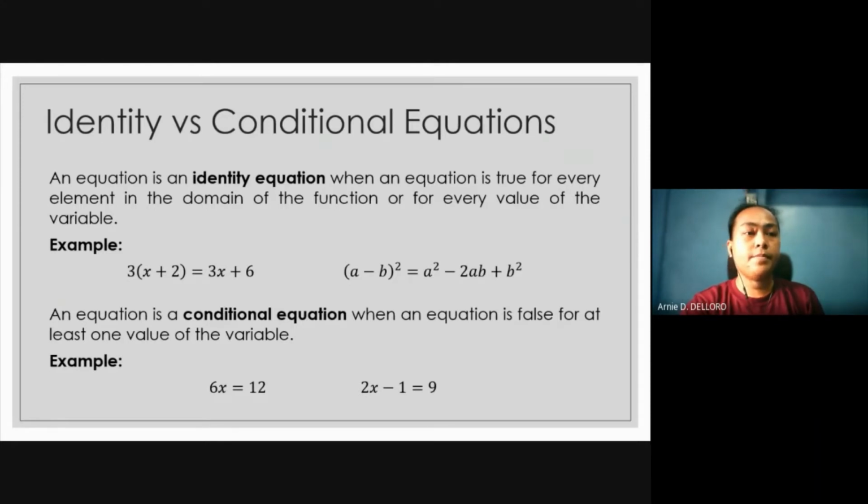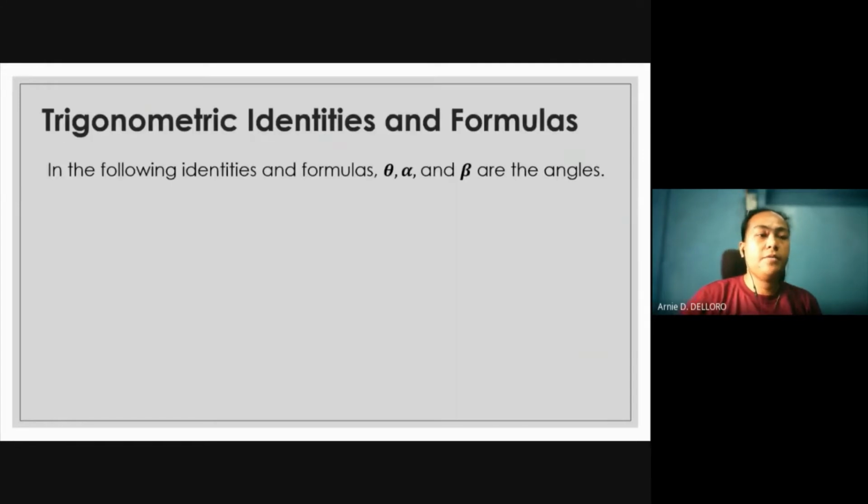Okay? So let's now proceed with trigonometric identities and formulas. So in the following identities and formulas, theta, alpha, and beta are the angles of the trigonometric functions. Okay?